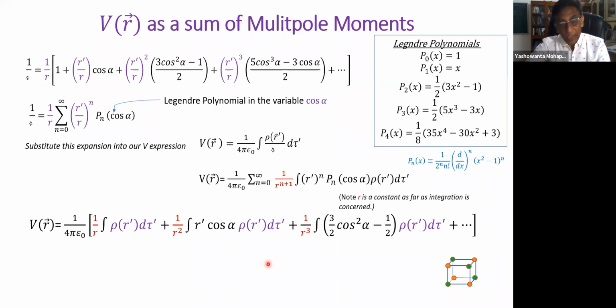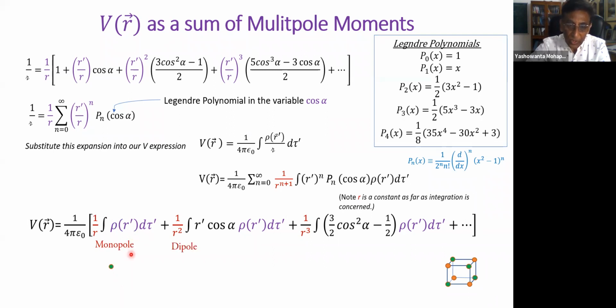So what are these terms? This we call the monopole term, because you can see it is just a summation or integral of charges. Suppose there were only discrete charges, it would be just a sum of that, or the total charge. That's why we call it the monopole, as if there was one charge that is the integral of this.